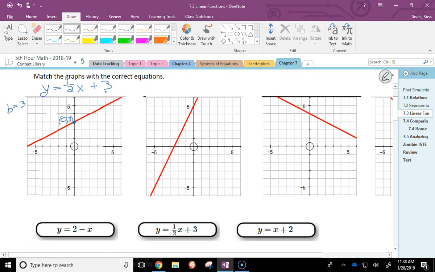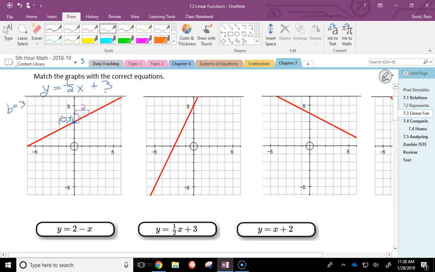Okay, so if I look, it'd be like rise 1, and then I went over 2. Rise over run. That is correct. So, when we want to identify our lines and they give us a graph, it's not too hard.